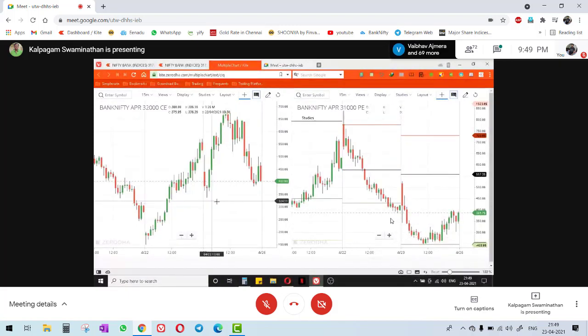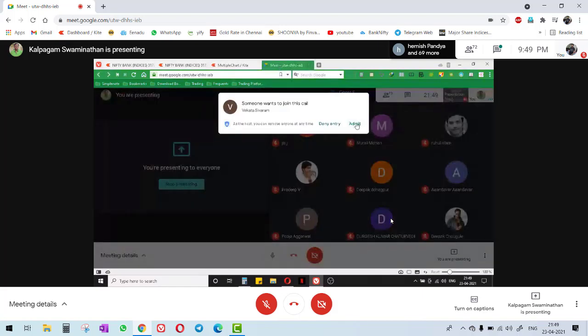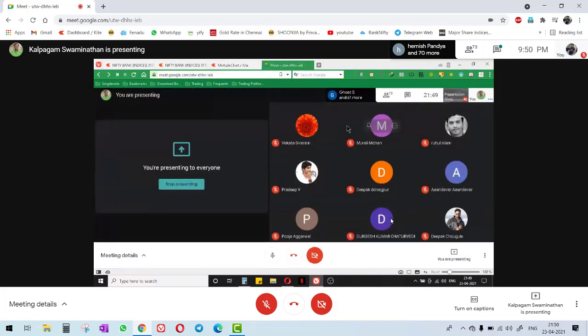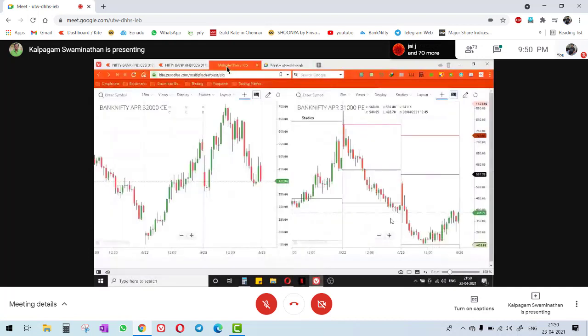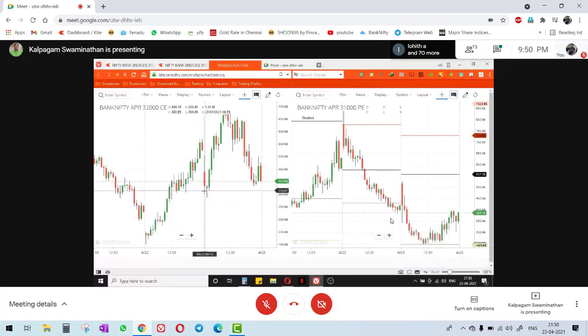So 120 rupees on a 277 is your profit. It is probably less than even 50%. But still 50% profit is damn good for any trading environment. So you had two opportunities today to make a profit.